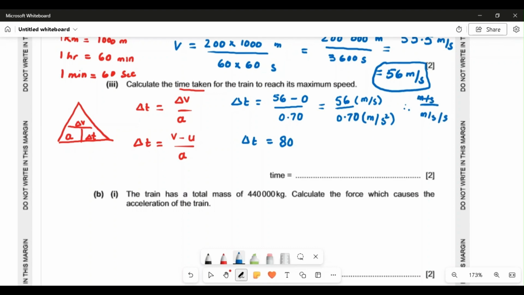So meter per second is cancelled, 1 over 1 over second, that gives me second. So the time for the train to reach maximum speed is 80 seconds.